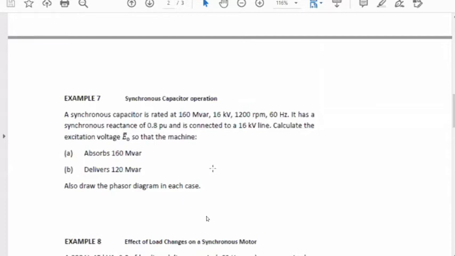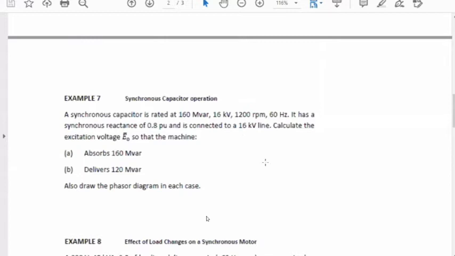It has a synchronous reactance of 0.8 per unit and is connected to a 16 kilovolt line. Calculate the excitation voltage denoted by E naught so that the machine absorbs 160 MVAR. Okay, and the next one says deliver. Also draw the phasor diagram in each case.